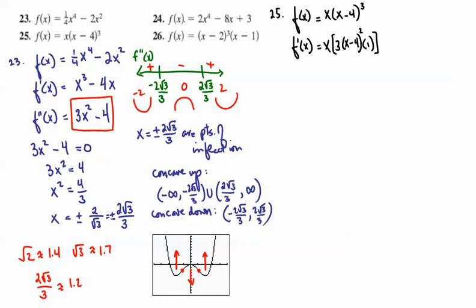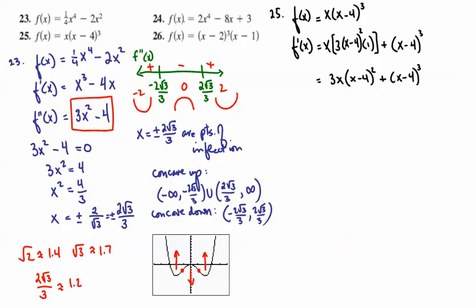So 1 d2 plus 2 d1, and that's simply going to be x minus 4 to the third power. So let's see what happens when we simplify this. We'll have 3x times x minus 4 to the second power plus x minus 4 to the third power.